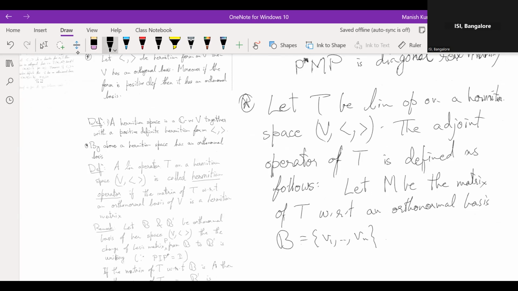I have to define the map T star from V to itself.